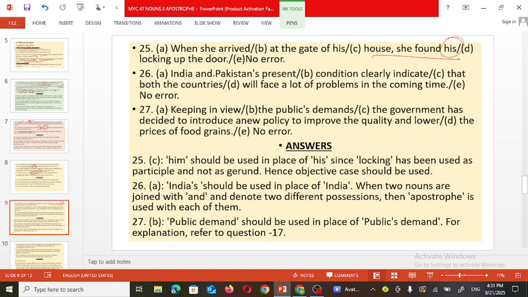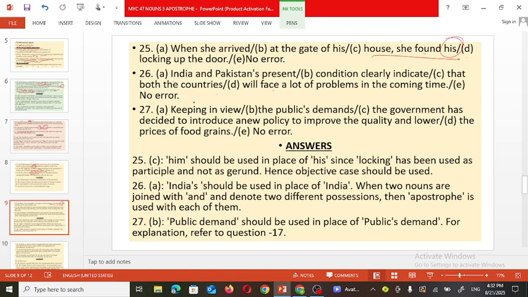Next one. India and Pakistan's present condition clearly indicate that both the countries will face a lot of problem in the coming time.